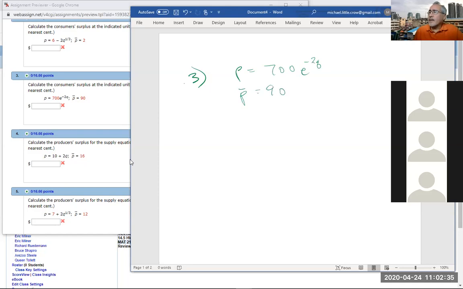Again, the way we figure out Q bar is going to be where P equals P bar. Divide by 700. e to the minus 2q equals, let's go, 9 over 70.